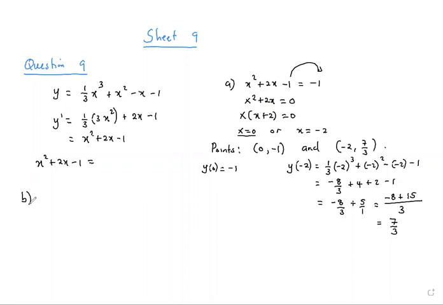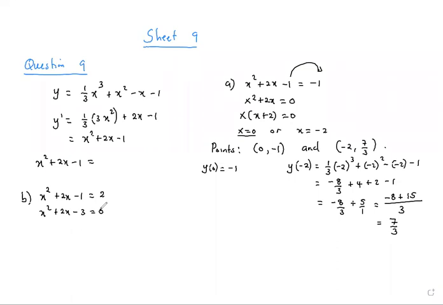If we go to B, let's check for the slope in B. The slope in B is going to be 2, meaning get the same equation and equate it to the slope. So I have to find x, and then you go to the original equation and substitute x for you to get the points. So this is going to be x squared plus 2x minus 3 is equal to 0.